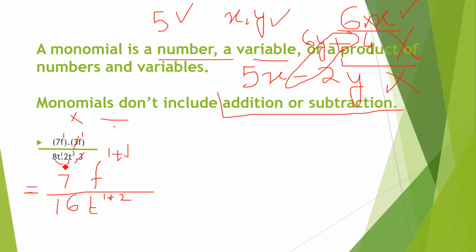There is no need to write down f and t again. Only one time you have to write down the variable or base, and then you have to add the powers, right? So it will be 7f square divided by 16t cube is your answer.